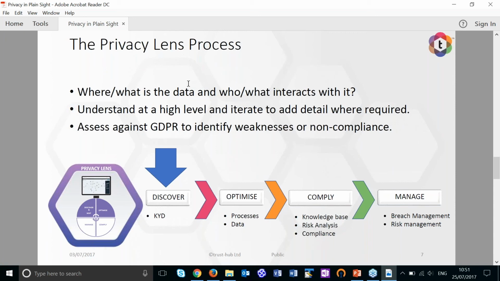And then ultimately you get into a more BAU role where I'm just managing data privacy. I'm looking at potential breach management, risk management, that sort of thing. So the privacy lens within TrustUp is very much in that early phase. Ultimately, some of the other modules may come into play in the compliance and management steps of this process.